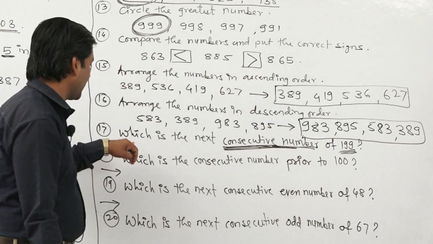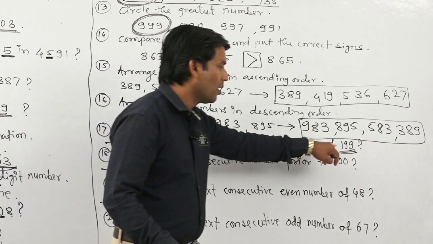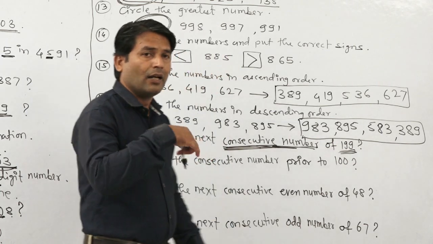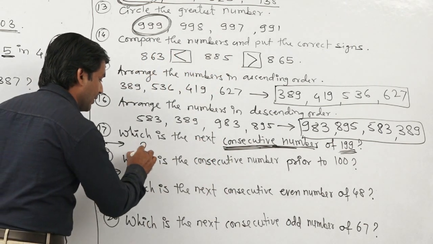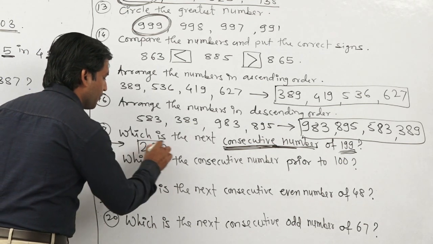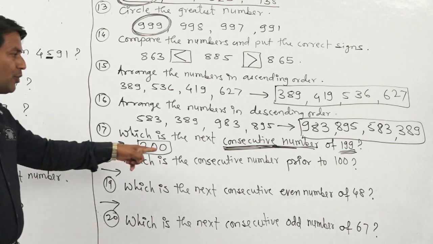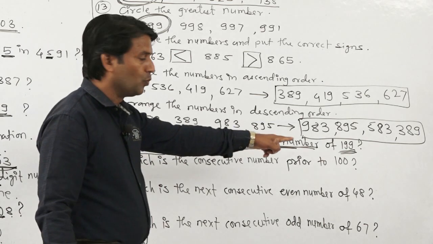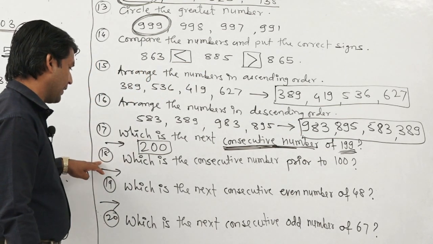So the question is, which is the next consecutive number of 199? नेक्स्ट सीरियली आने वाला नंबर कौन सा होगा फिर 199 का? वो होगा which one? 200. That is the next consecutive number of 199. Okay. After that, question number 18.